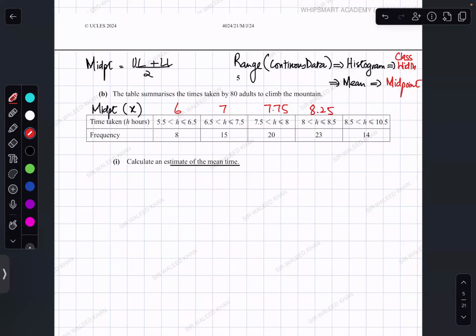And this is 10.5 plus 8.5, 9.5. This is your midpoint.